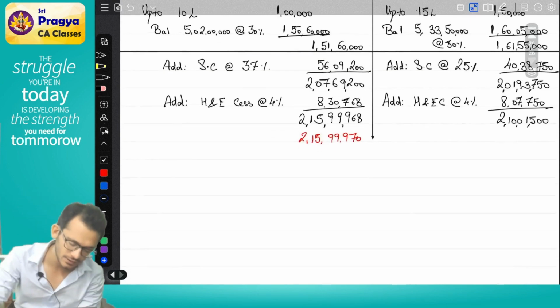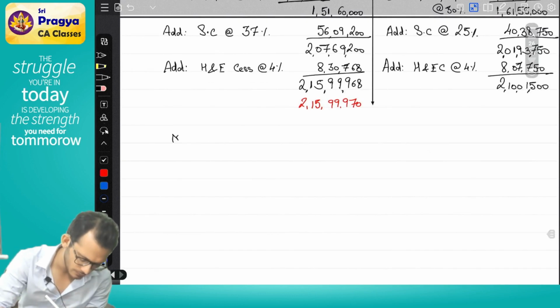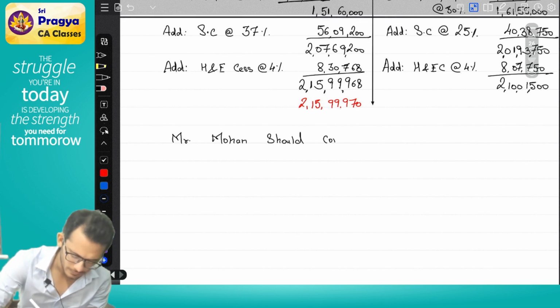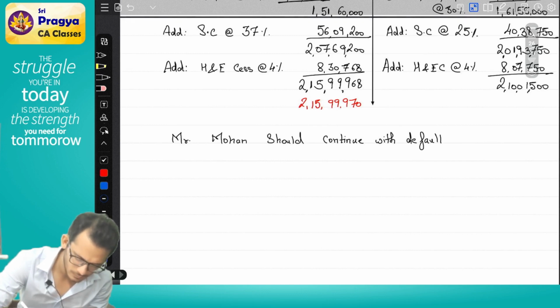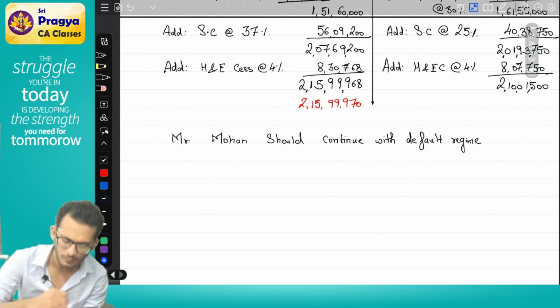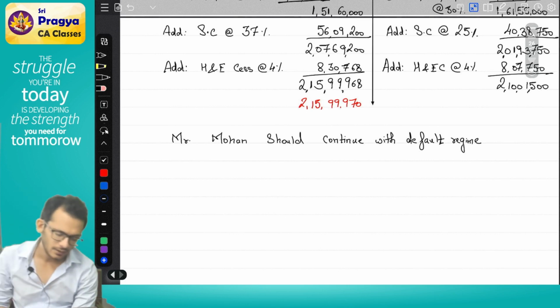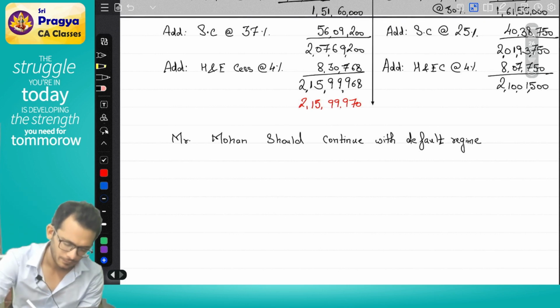So the conclusion will be: Mr. Mohan should continue with the default regime. Yes or no?